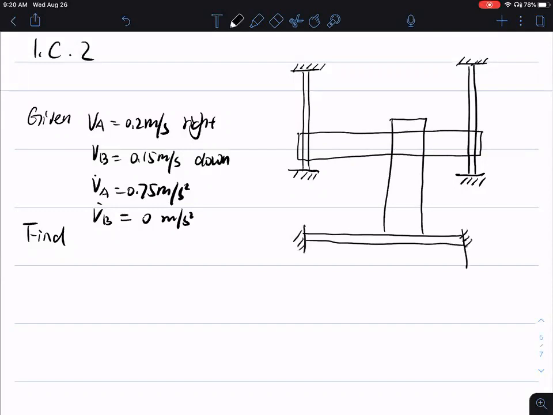So this problem looks like a 3D printer to me. Your particle P can be moving. Our 3D printer has 3 axes. Here we only have 2.